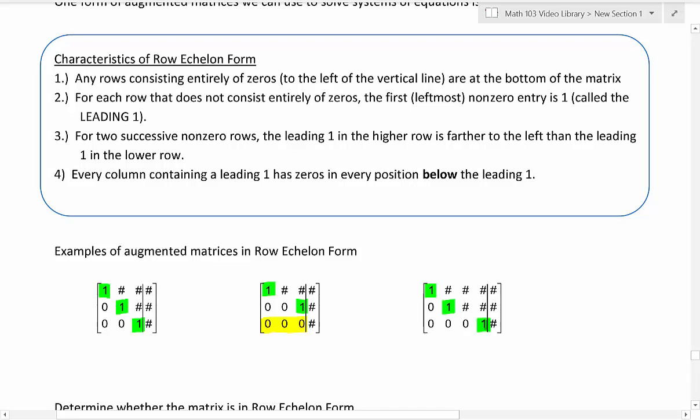And then characteristic number 4 says that every column containing a leading 1 has zeros in every position below the leading 1s. And we'll see below all these leading 1s that we have all zeros. And it's only the columns containing leading 1s that have to have zeros below.